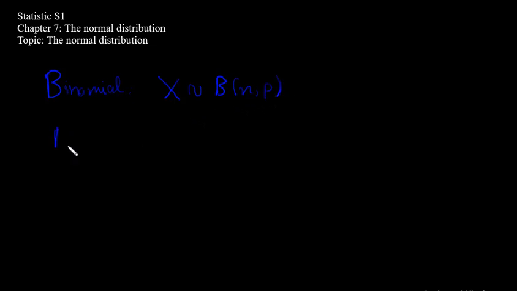But for the normal distribution, we have another way to represent it. We have a random variable X. The symbol means that we have a distribution.